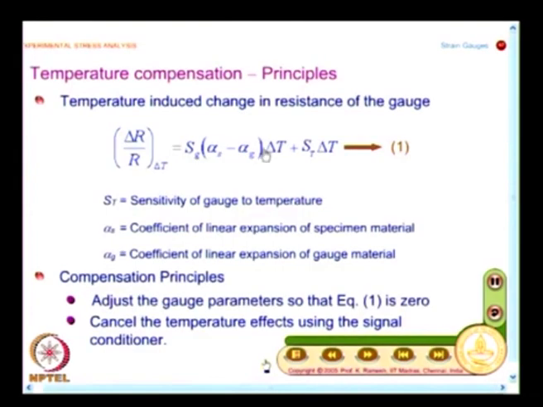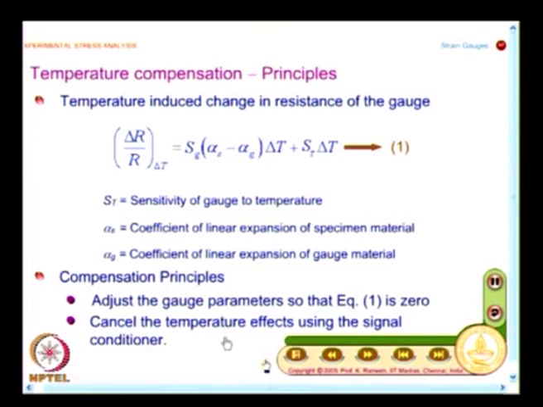But in this case, whatever the methodology I adopt, whatever the strain gauge that I develop, it is tailor made for the specific base material. So, from an instrumentation point of view, it makes your life simple. You just paste the strain gauge, automatically the temperature effects are cancelled. So, that you get by adjusting the parameters of the foil, so that you have appropriate modification in alpha g and S t, so that the equation goes to 0.